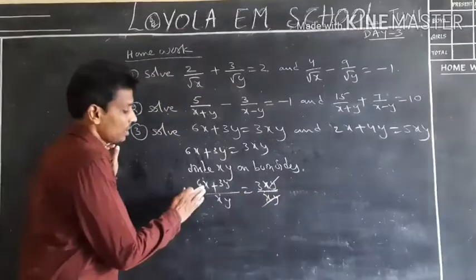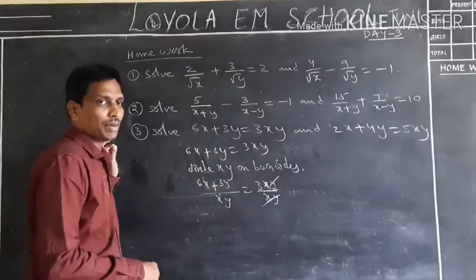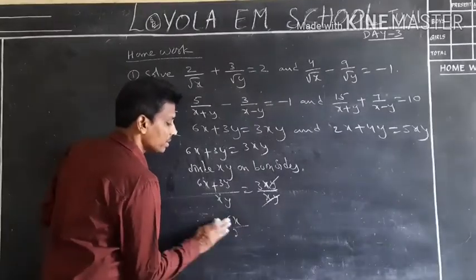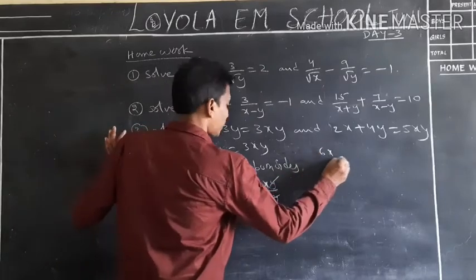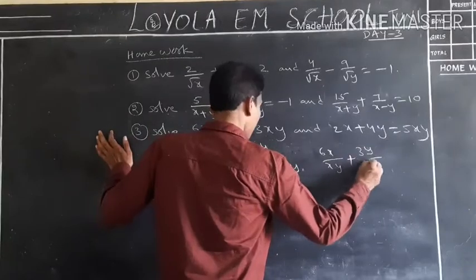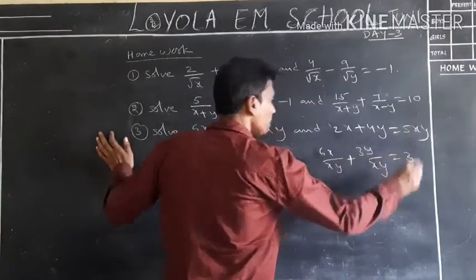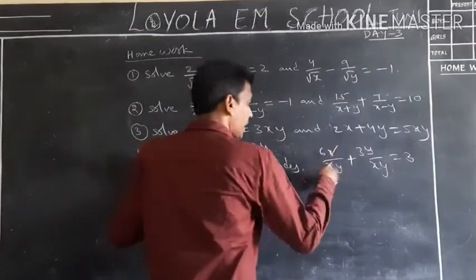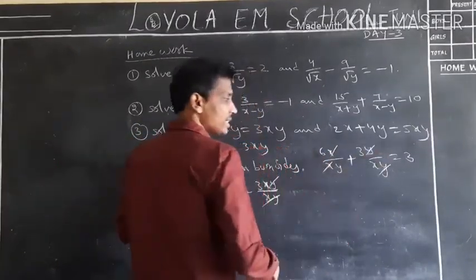Yes or no? Now can we separate them as partial fractions? So 6x by xy plus 3y by xy is equal to 3. I am giving the explanation for the first condition only. x will be cancelled, y will be cancelled.